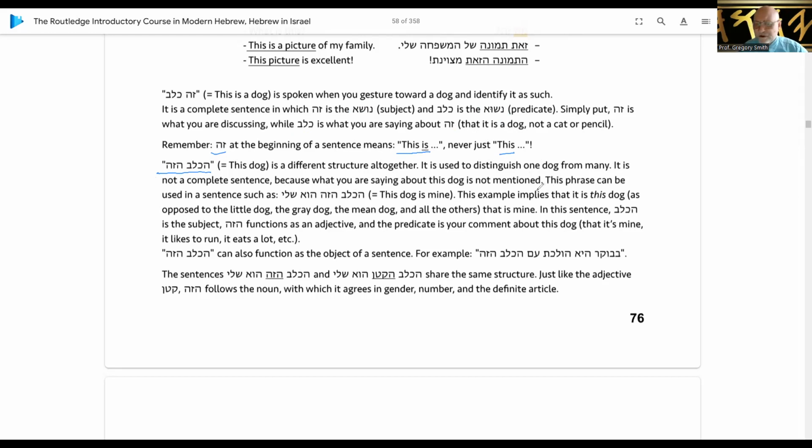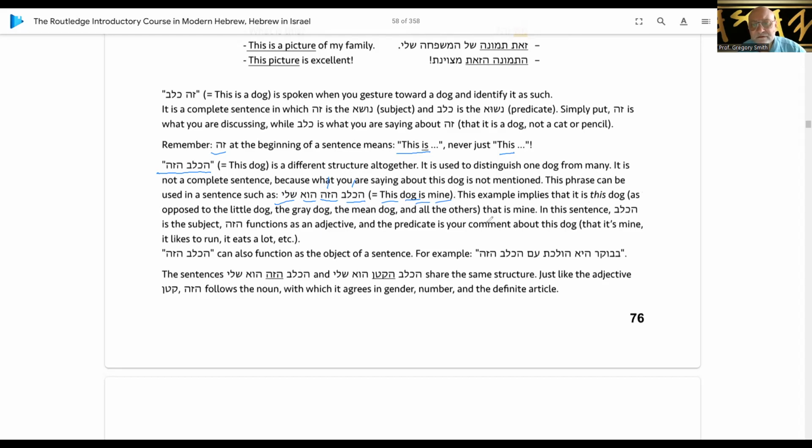This phrase can be used in a sentence such as HaKelev Hazeh hu shali, this dog is mine. It's almost declarative. This example implies that it is this dog as opposed to the little dog, the gray dog, the mean dog, and all the others.